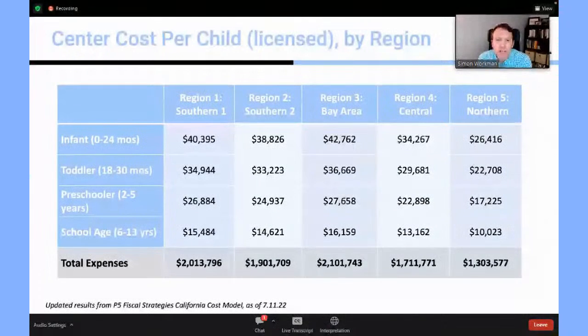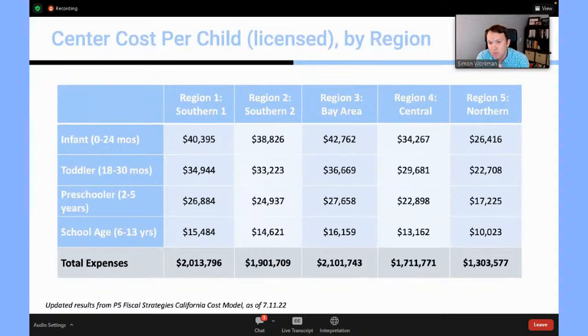So with the updated cost per child numbers in. A reminder, these are annual numbers. So this is the annual estimated cost per child for this particular center meeting Title 22 requirements, a program size of 74, serving children birth through school age.